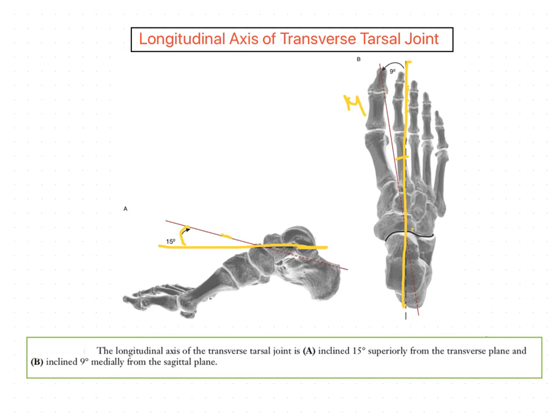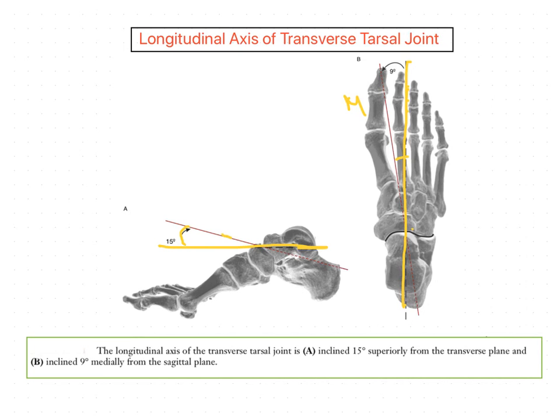Motion around this axis is also triplanar, producing supination and pronation with components similar in coupling to what we have seen in the subtalar joint. The same kind of components couple in supination and pronation, but not in magnitude.